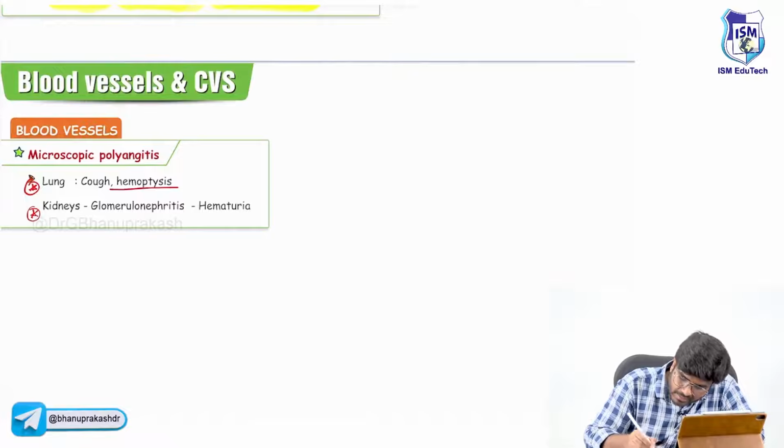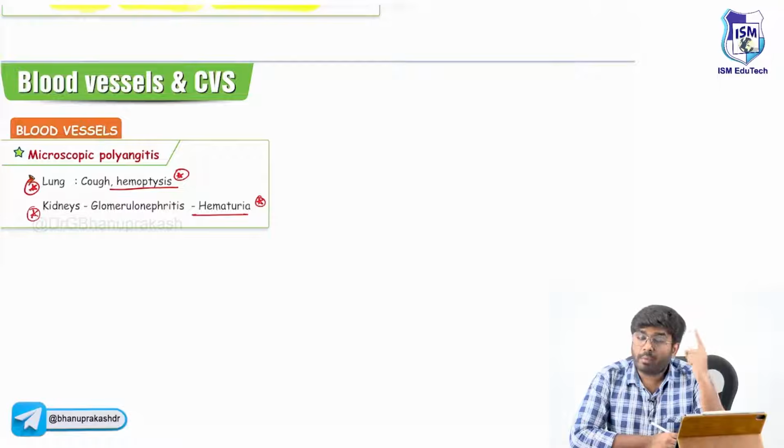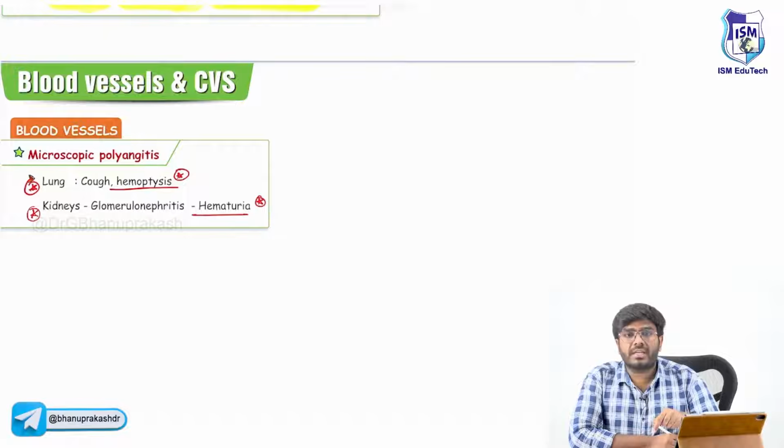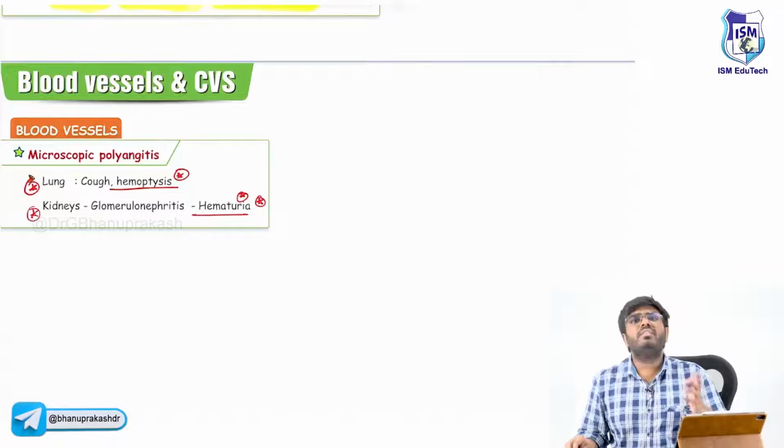So even in this condition, the patient is going to have hemoptysis and hematuria. Hemoptysis and hematuria are seen in Wegener's granulomatosis, and even in microscopic polyangiitis, hemoptysis and hematuria are seen. But how to differentiate? There are many features.